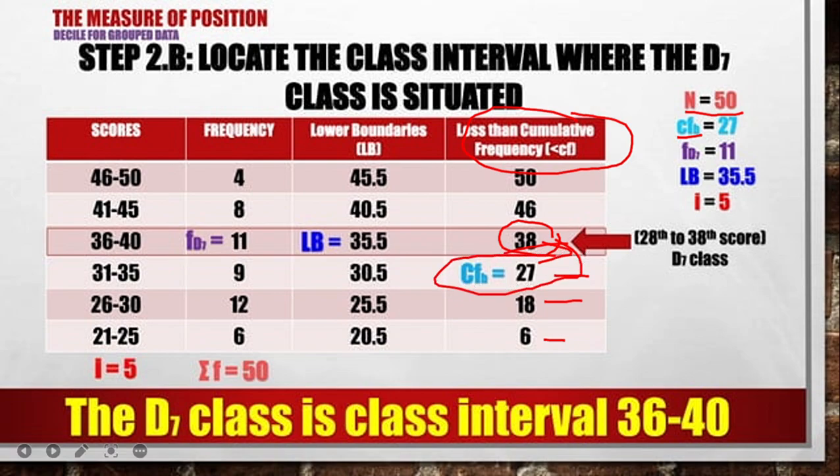Before, so 27. Si f sub D7, mao ni ang ato frequency, which is 11. And then, ang ato lower boundary is 35.5. And ang ato i is equal to 5. Kung imo ni i-minus si 26 sa 21, the answer is 5. 31 to 26, 36 to 31, 41 to 36, and 46 to 41. Ang ilang mga answer diha kay 5 na siya. So, mao na ang ato class width, i is equal to 5.